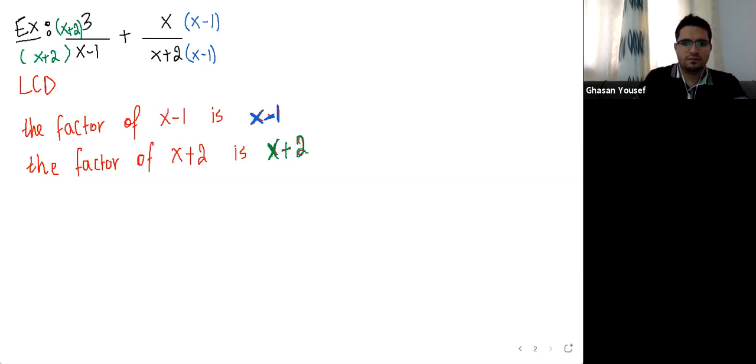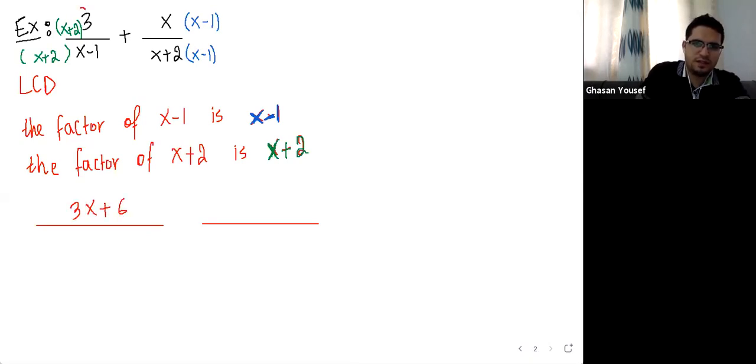So now we get a new fraction. For this one, we have to distribute inside the parentheses. So now I get 3x plus 6, because I distribute inside the parentheses.